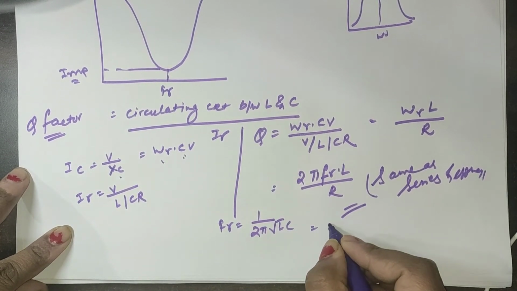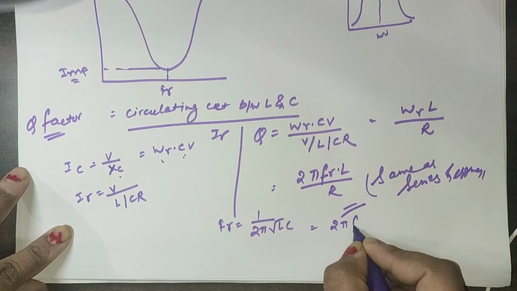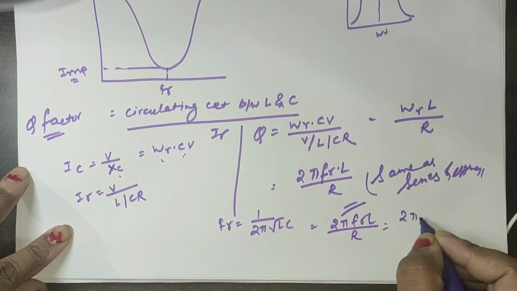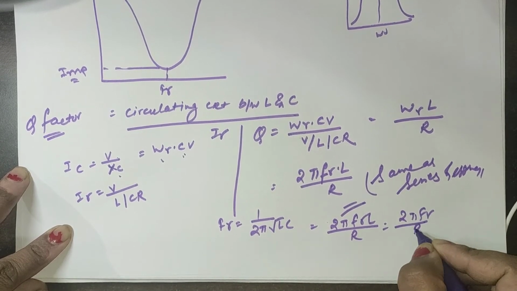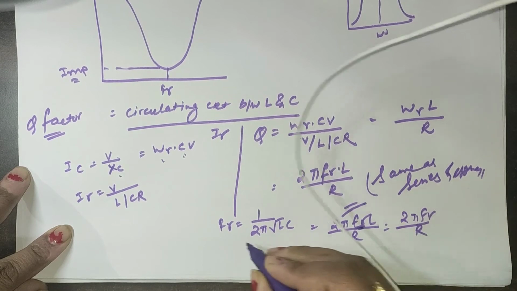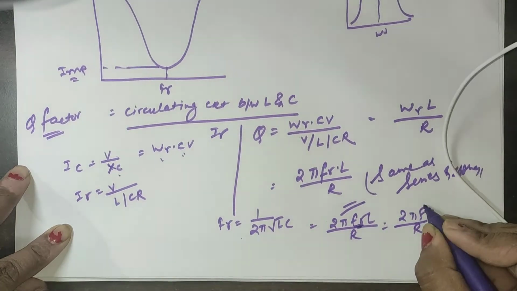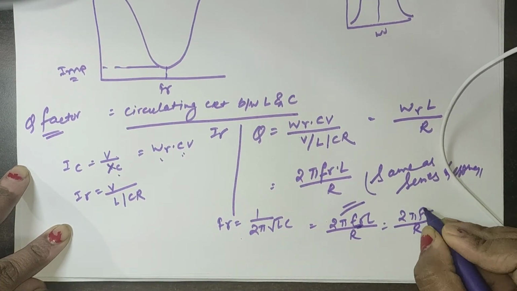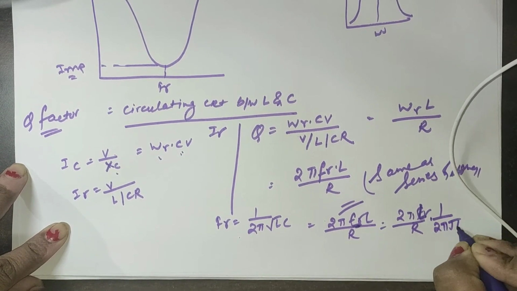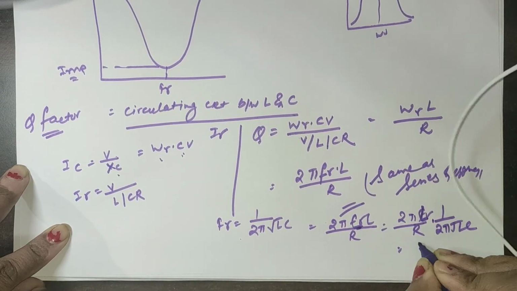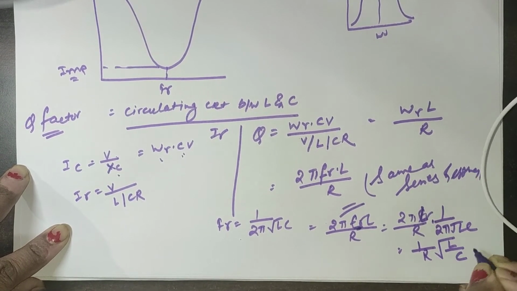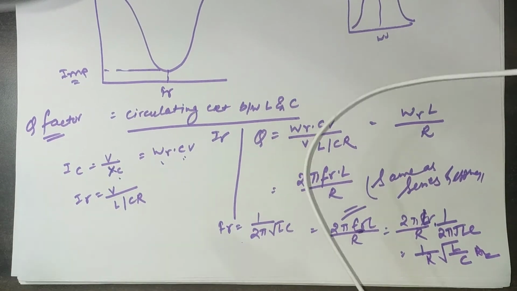So Q factor will be 2 pi FR L upon R. If you put this FR value here, 2 pi L into 1 upon 2 pi under root LC, and solve this, you will get 1 upon R under root L upon C. This is same as series resonance.